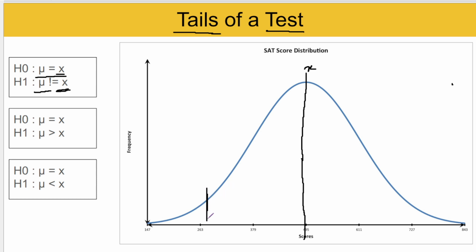So these two tails, this area, because we are saying that mu is not equal to x, in that case we need to say that mu is less than x or mu is greater than x.